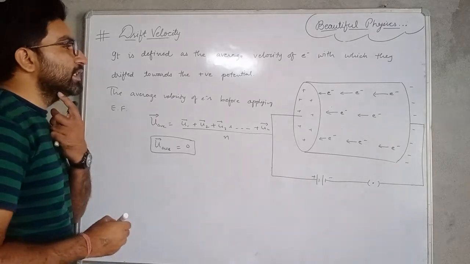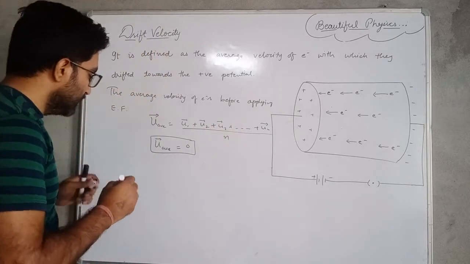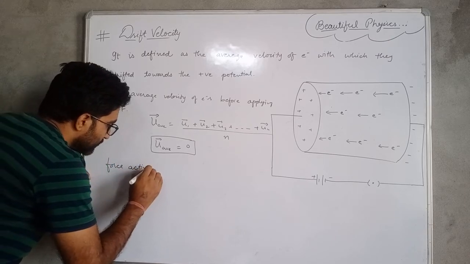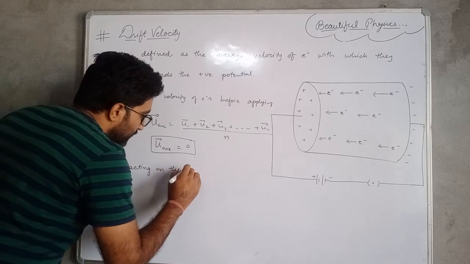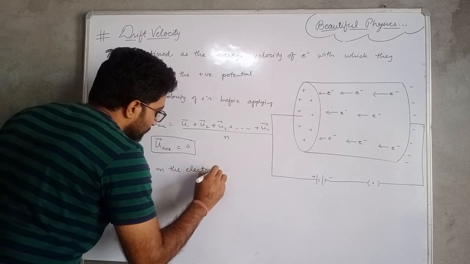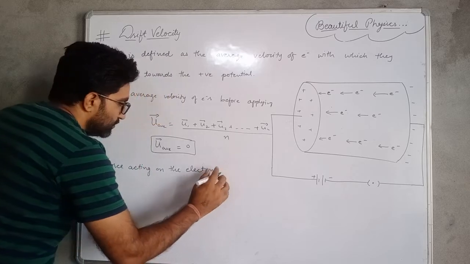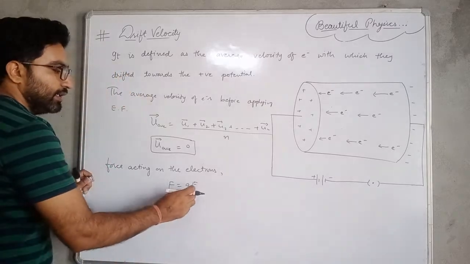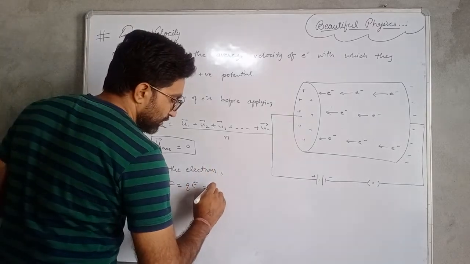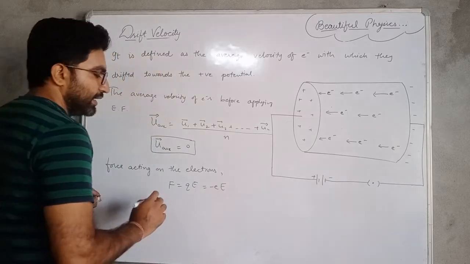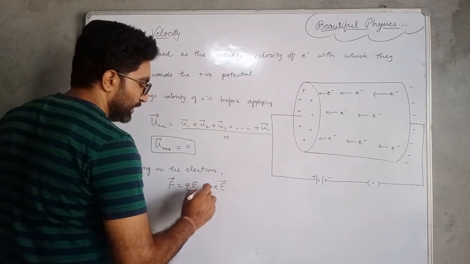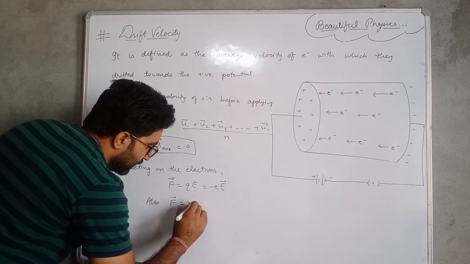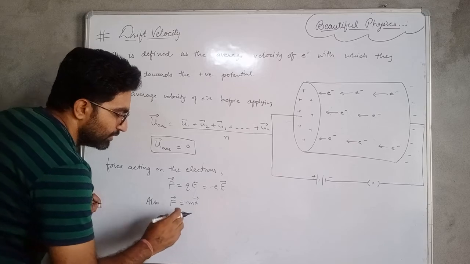Here the force acting on the electrons can be written as F equals QE, and here the charge is our electronic charge, so it will be minus e times the electric field. Okay, and also we know that F is equal to mass into acceleration.